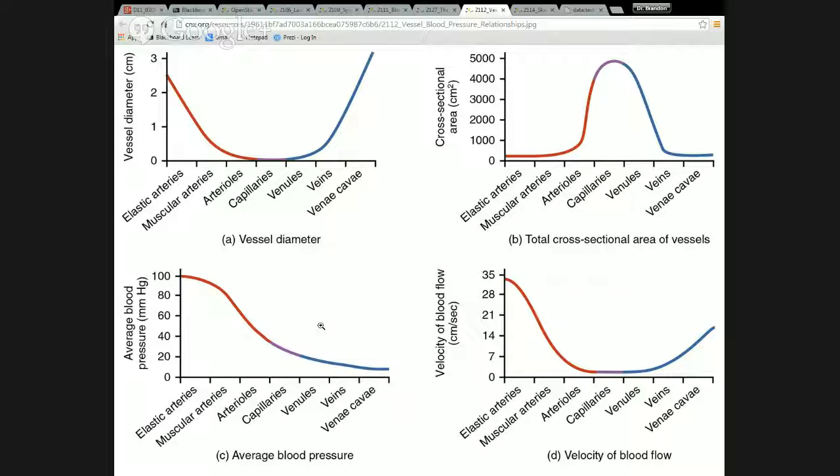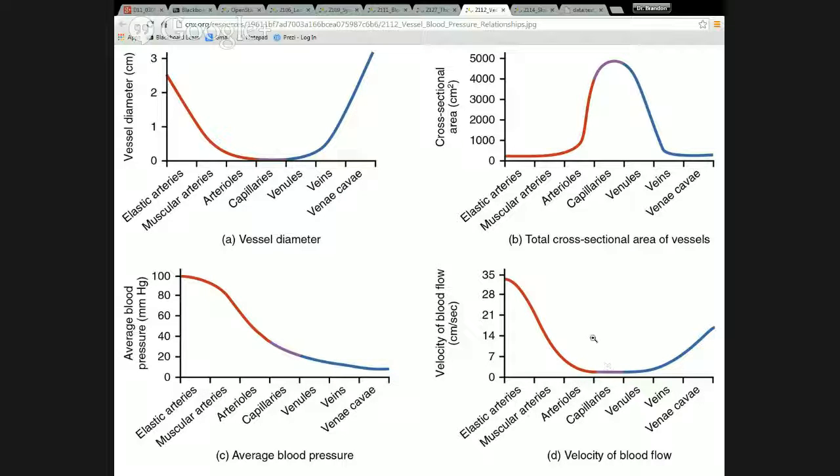Now, if we combine the change in pressure across the system with the change in resistance across the system, we can look at blood flow. So blood flow is very high coming out of the heart, and it actually drops down as we get to the smaller and smaller vessels, but it doesn't completely go to zero. Okay, the amount of resistance drop off based on vessel diameter should suggest that blood flow just dead stops when we get to capillaries.